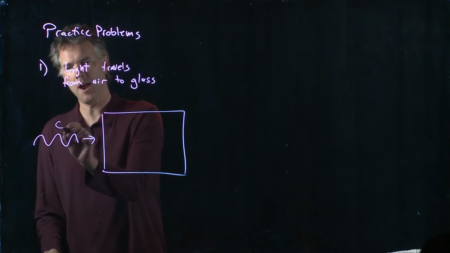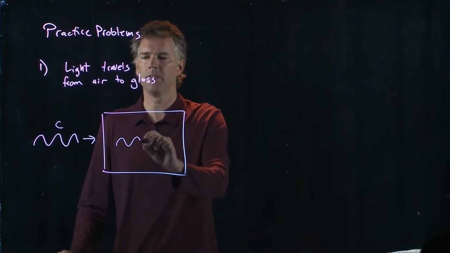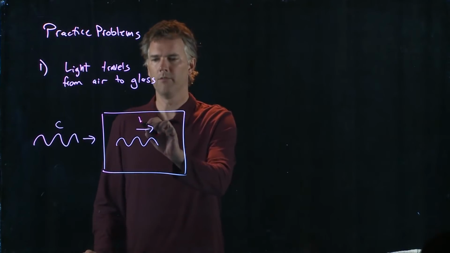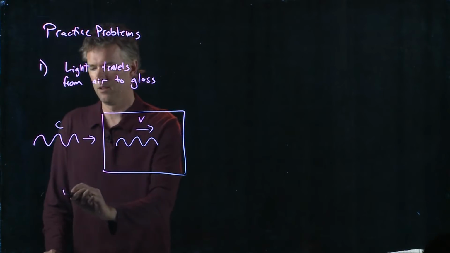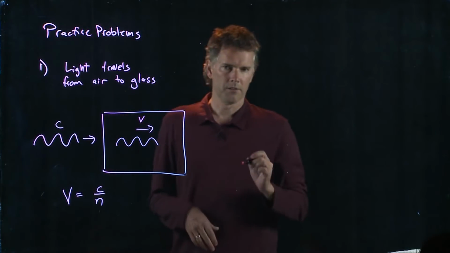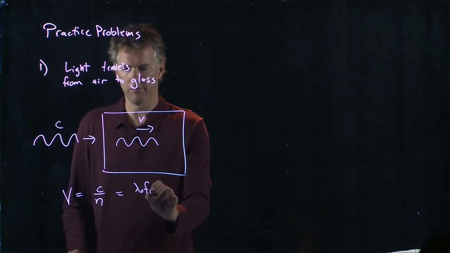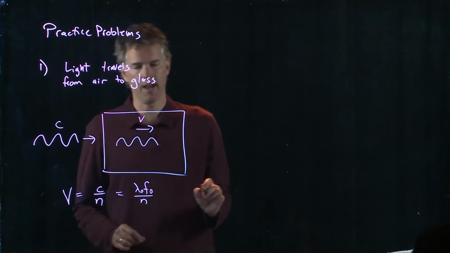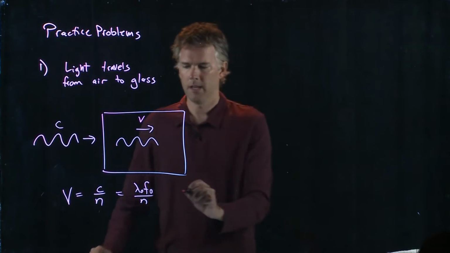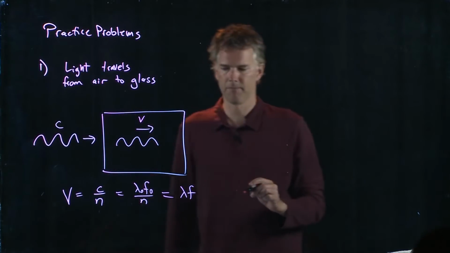Well, when it's in air, we know that it is traveling at c. But when it's in the material, what's it traveling at? V, which is less than c. Right? V equals c over n. c we know is lambda naught times frequency naught, over n. But now in this material, it's going to be some new lambda times f.